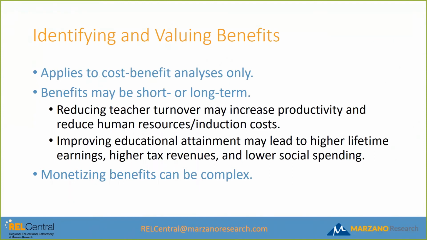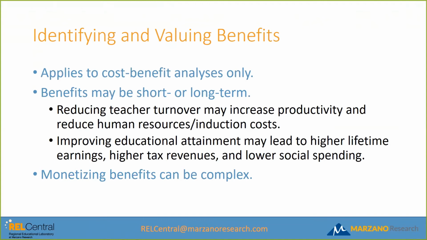So for example, if you implement a program for reducing teacher turnover, you may have some short-term benefits that you may see immediately or within a 1 or 2 or 3 year period that reduce some of your human resources costs.